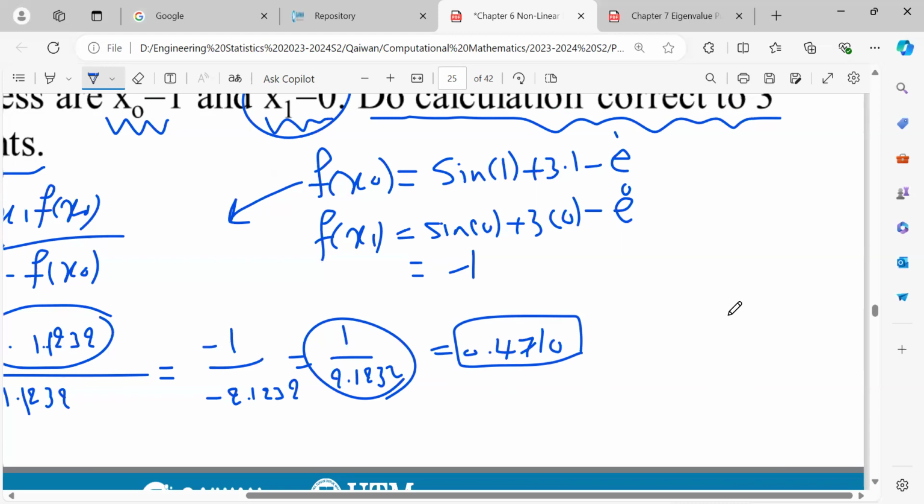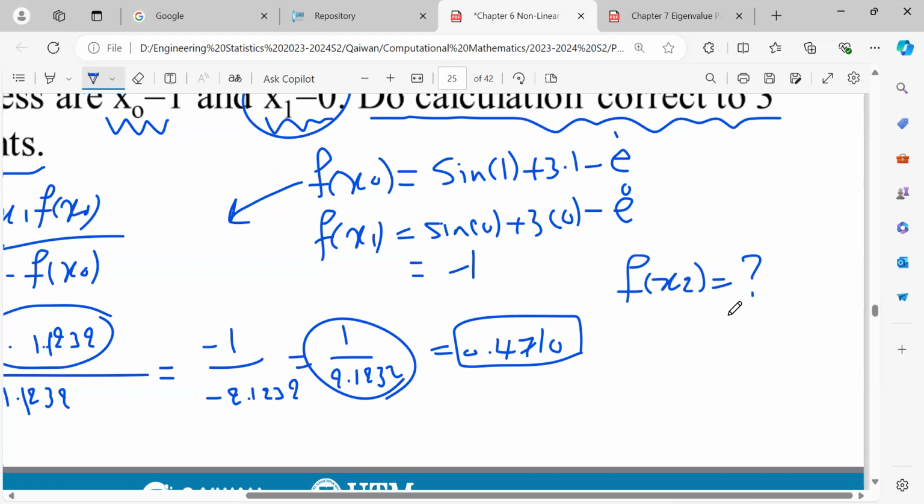Then to find x3, we do the same, but instead of using x0 and x1, we use x1 and x2. As I said, we always use the last two x values to find the new x. We need to first find f of x2.